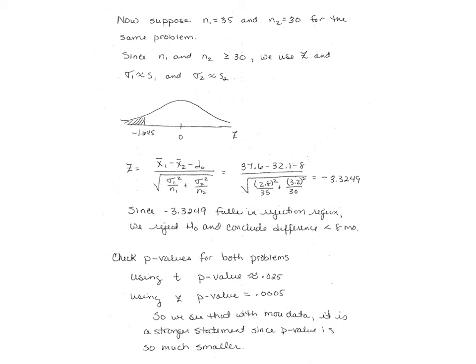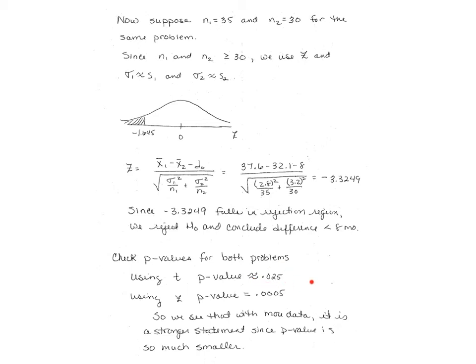I did a quick check and checked the p-values. You could do this on your own to see if you come close. Using the t, the p-value is about 0.025. You might find a range for it, or might just say that it looks close to that 0.025 value.